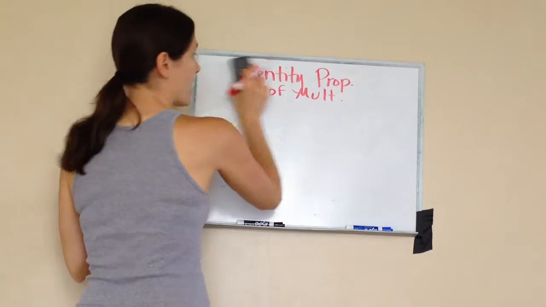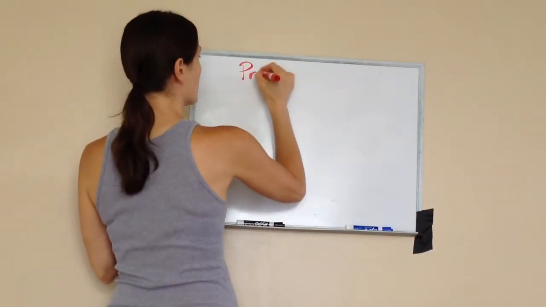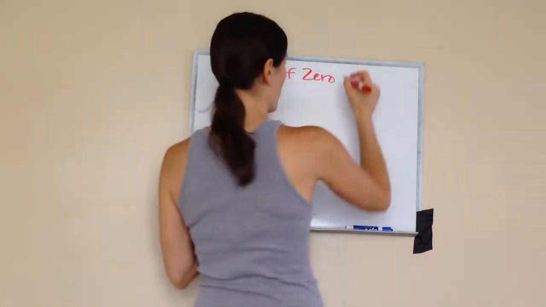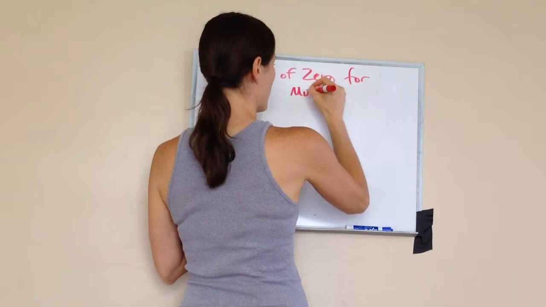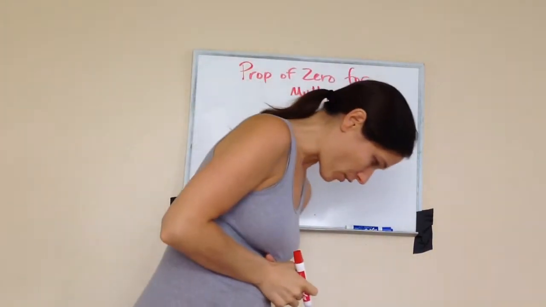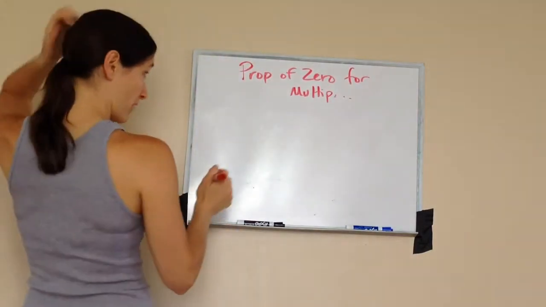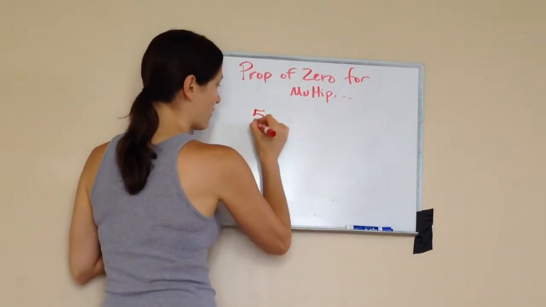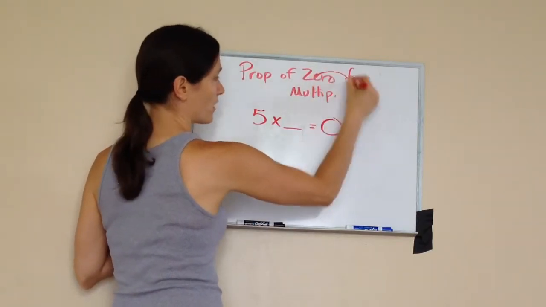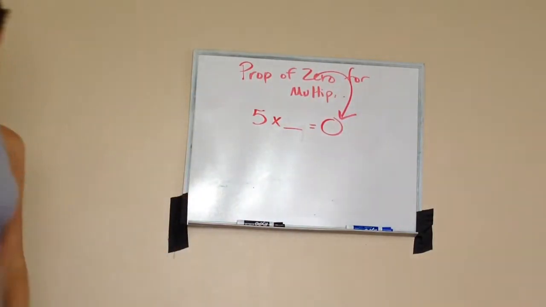All right. Now let's talk about the property of 0 for multiplication. We kind of just did this one. So for example, 5 times what would equal 0, because we're wanting the property of 0.